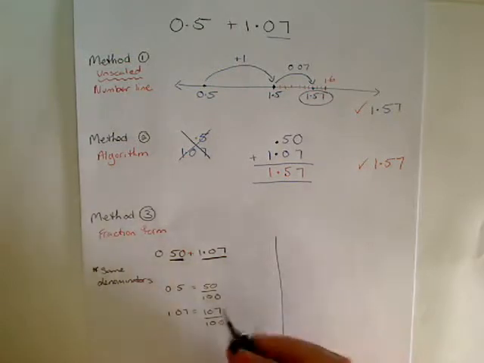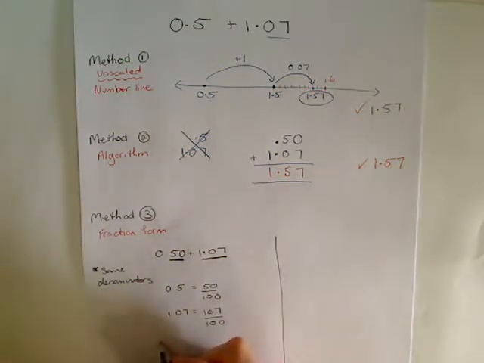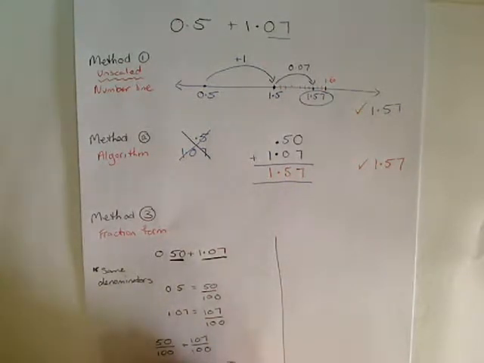My denominators are the same, I can add them up straight away. 50 hundredths plus 107 hundredths is 157 hundredths. I know that 1 whole could be formed by the 100 hundredths, or I could think about having 157, if that's the hundredths, that's the tenths, that's my decimal place there.